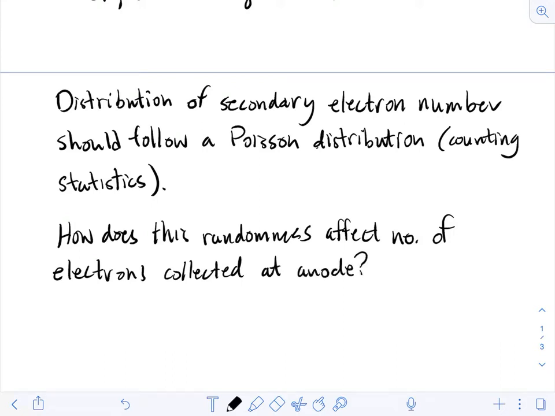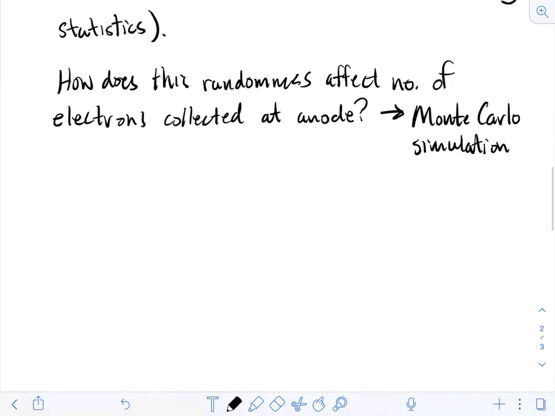And so that might be a legitimate question if you're designing photomultiplier tubes as particle detectors in some critical experiment. And so what we're going to do is we're going to set up a Monte Carlo simulation to try to address that question. Okay, so here's the structure of the Monte Carlo simulation.